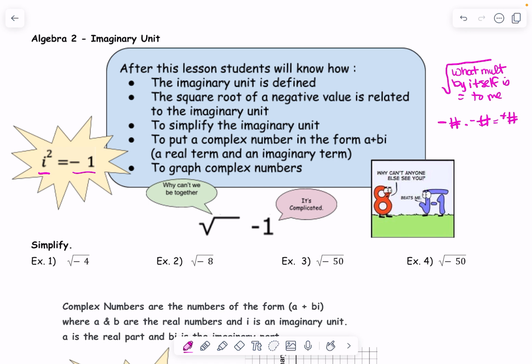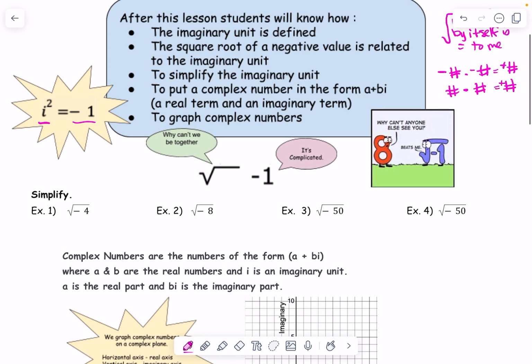If I took a positive number and multiplied it by itself, I will get a positive number again. So there's no way in the real numbers to multiply something by itself and get a negative number. So that's where we ran into trouble, and that's why we have to use the imaginary unit.